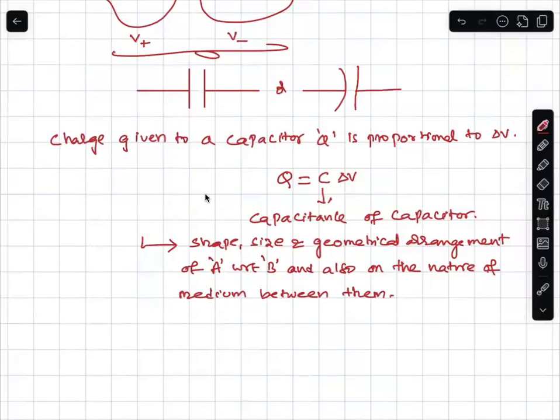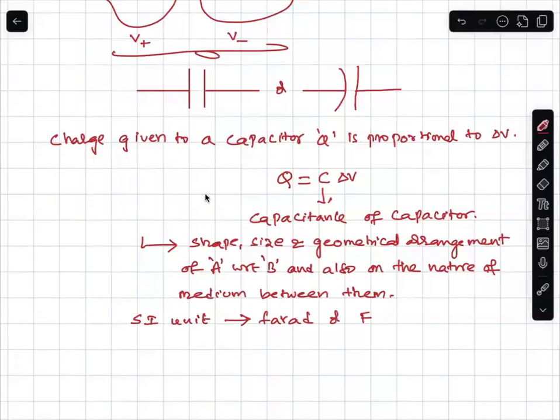And therefore, C is a physical quantity. You should express some units. So the SI unit, we are worried about only SI unit, is the farad, symbolically capital F. Actually, farad is a very big unit.